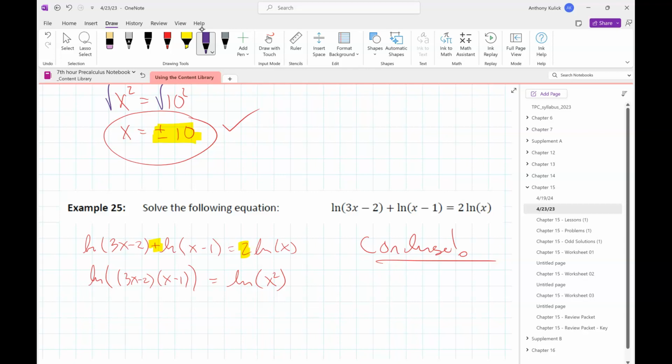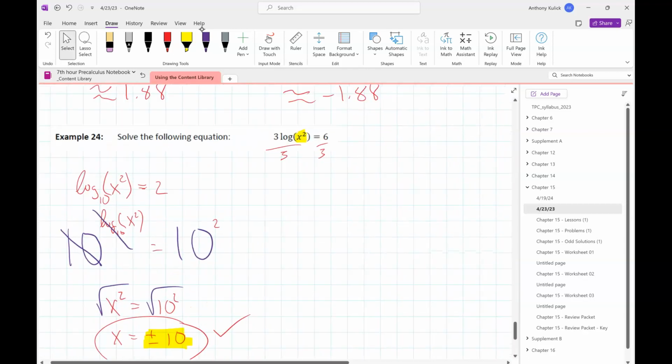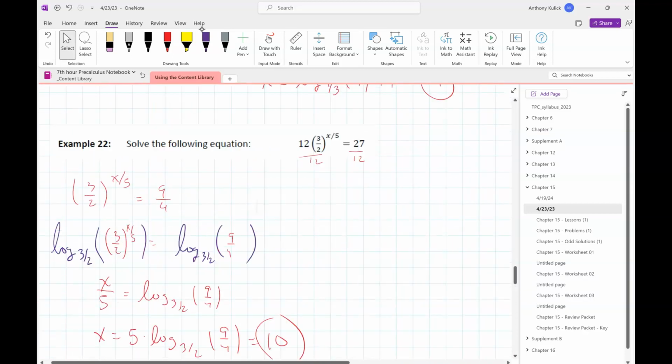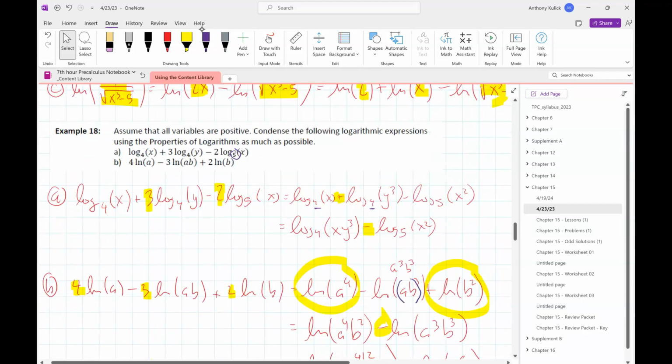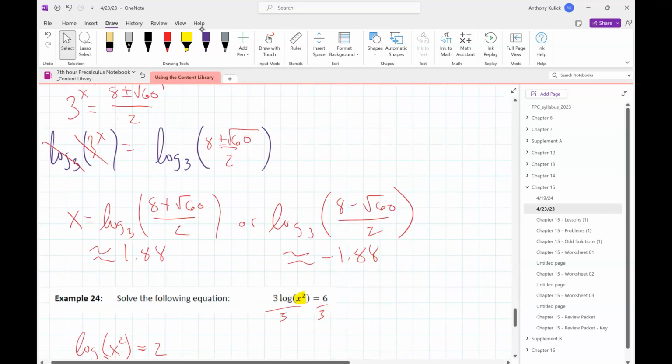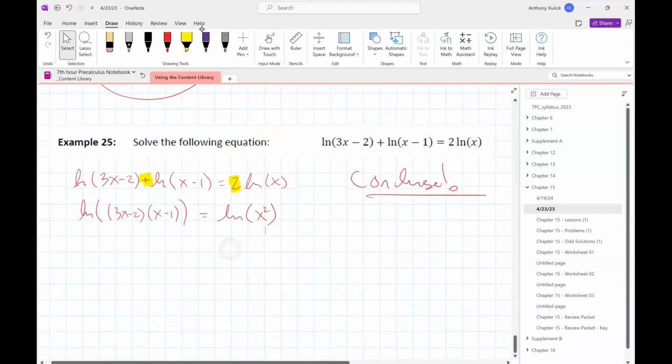What is the base for ln? We just talked about it not that long ago. E! Thank you! Somebody was listening. Awesome. So we do exponent base e to both sides.